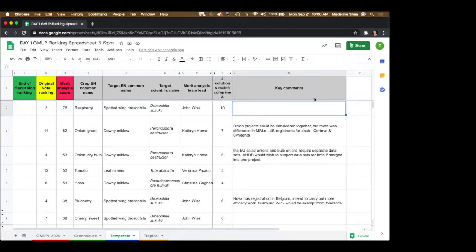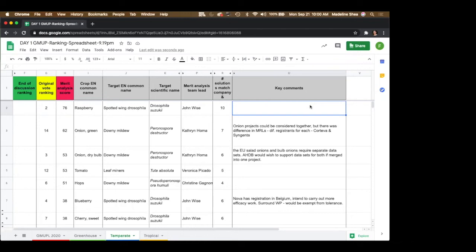Were there a lot of countries that selected it as a high priority? I also noticed in the merit analysis there's a very broad number of solutions provided. To me, that looks like a very good project to keep on the top. And if you could comment, maybe some of those products could translate to some of the other crops too. Could some of the solutions also be used on blackberry, but also blueberry and cherries for spotted wing Drosophila control? Thank you.